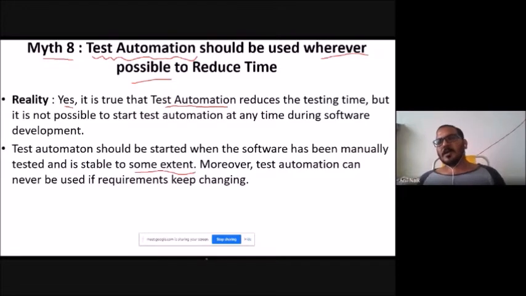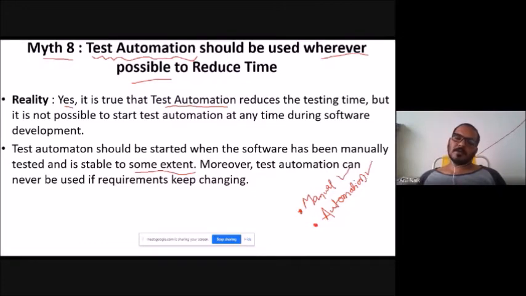Normally in the industry, for testing the software, they go for manual testing and automation testing, and depending upon the project, they will prefer both manual testing and automation testing.